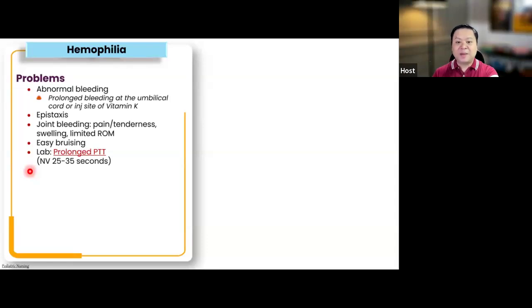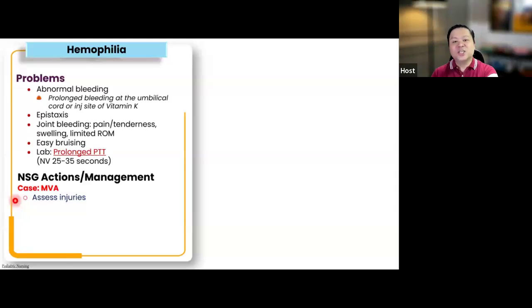So prolonged PTT is expected in a patient with hemophilia. So what are we going to do here? Especially when most of these injuries happen in the school-age child or preschool children, we need to make sure we assess the extent of the injury.